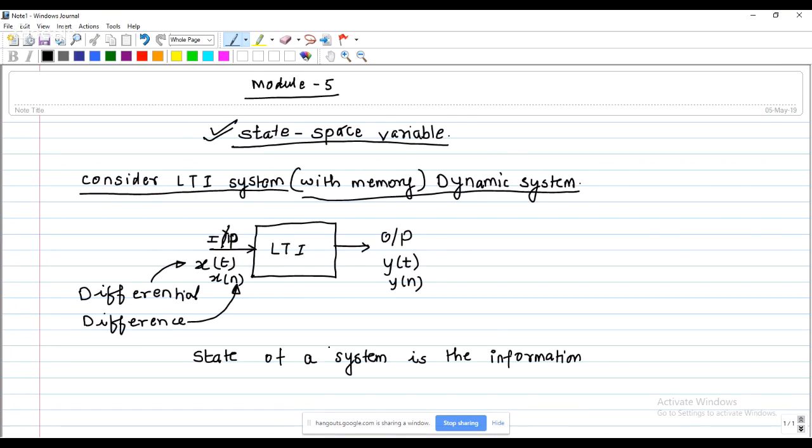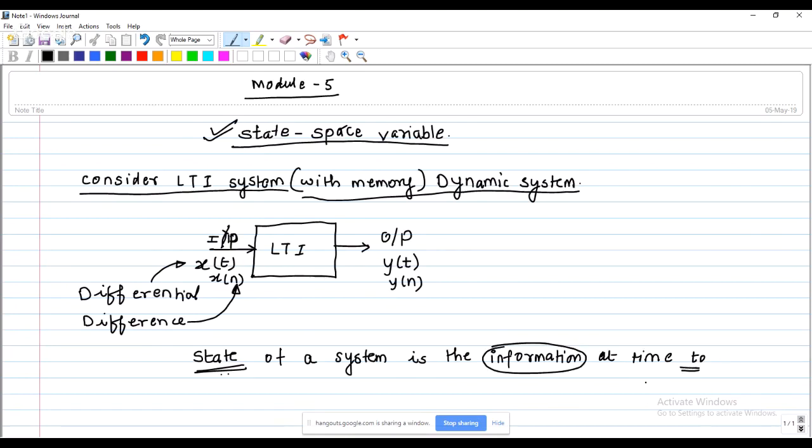The information at time t0. State is a condition of a system, or the information of a system at t0.